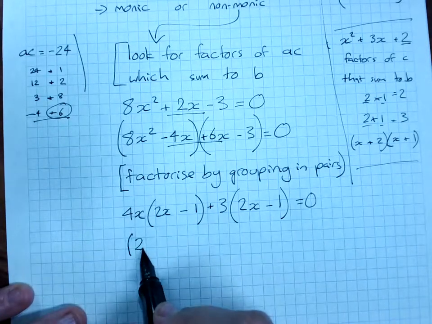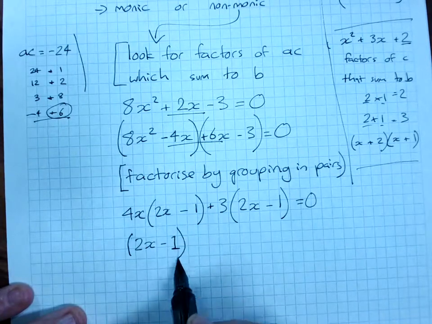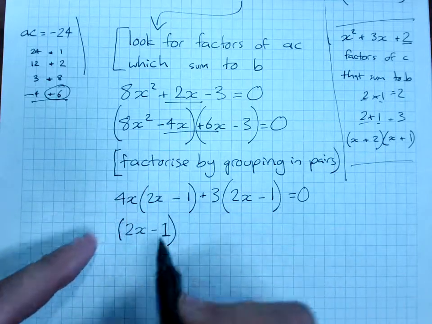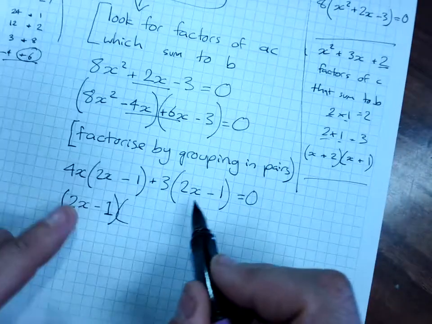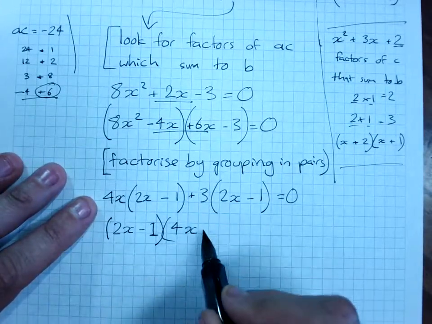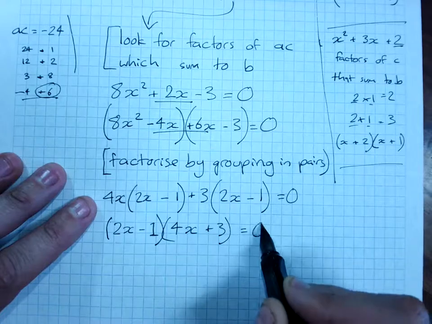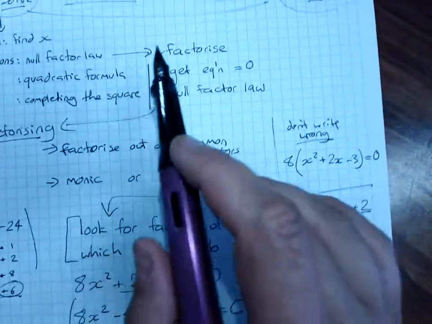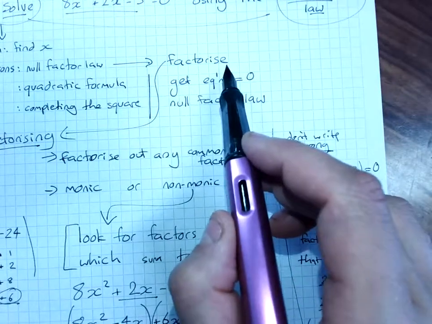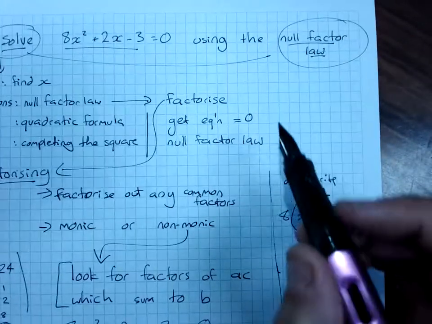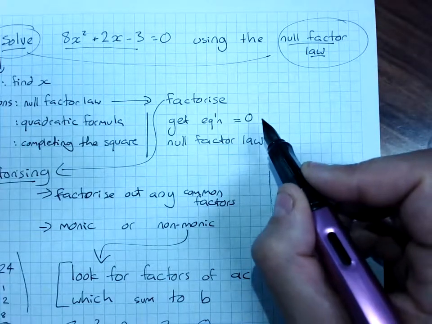That comes out the front, 2x minus 1, because it's actually a common factor. We're factorizing out a whole bracket that's a common factor. What's left goes in the second bracket. Don't forget your equals 0. Great. You've now factorized. The equation was already in the form of it equals 0, so we've done that.